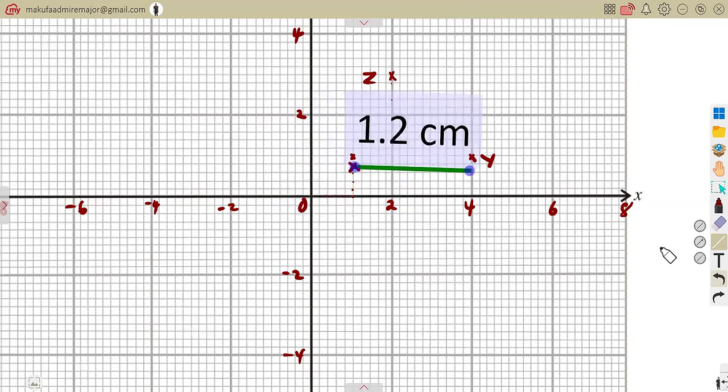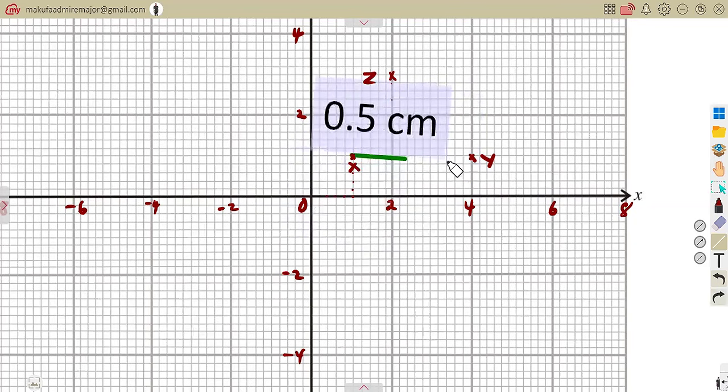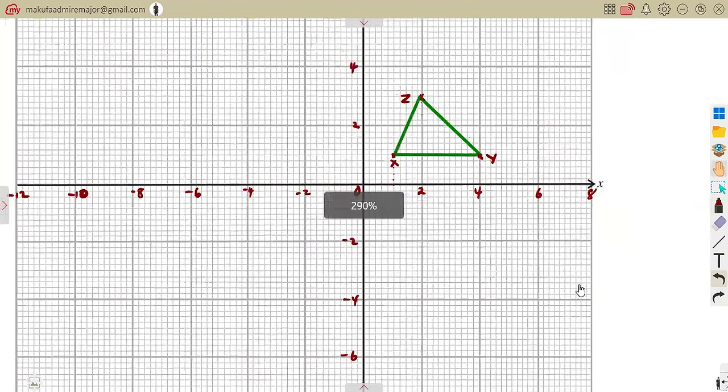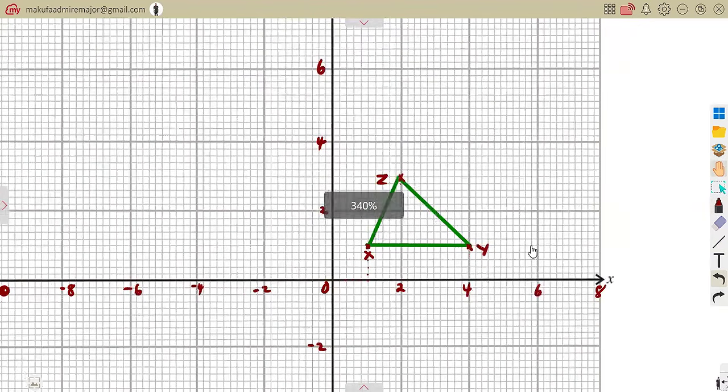Sorry, I'm joining the wrong part here. X to Y, Z to X, and also this, just something like this, guys. Just make sure you join your points properly like that.